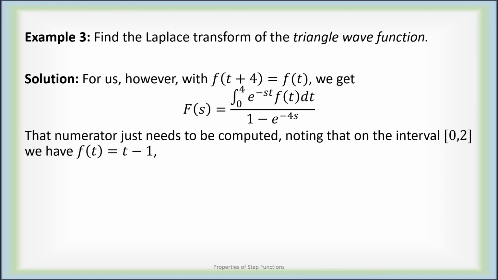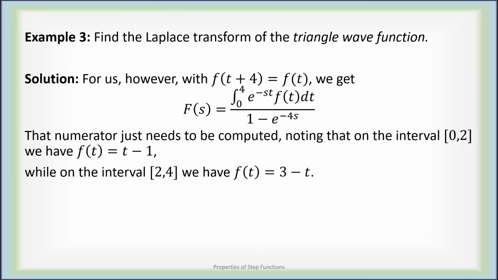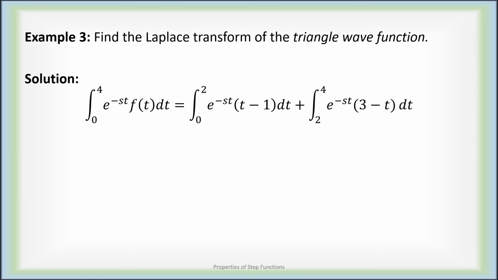Now, our function on the interval from 0 to 2, we had f(t) = t minus 1. But on the interval from 2 to 4, f(t) was 3 minus t. So we're just going to go ahead and compute that integral. So the integral from 0 to 4 of e^(-st) f(t), we split it up from 0 to 2 and 2 to 4 because on those two intervals, the function had two different definitions.